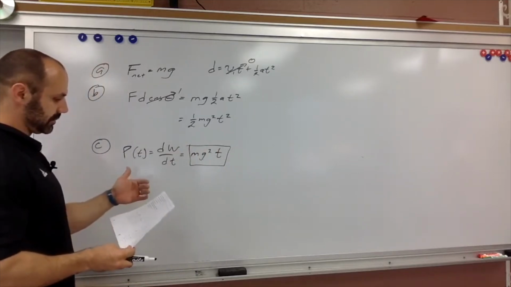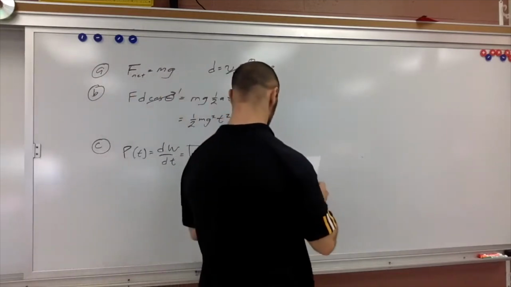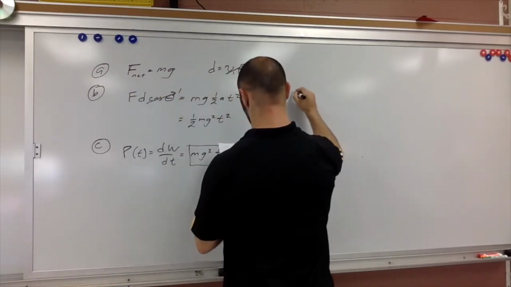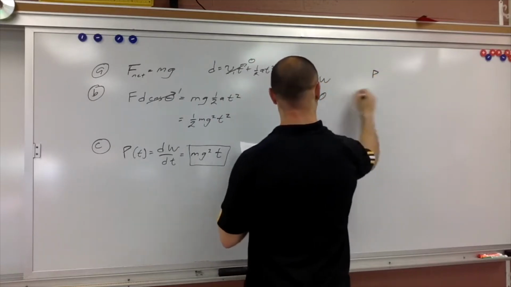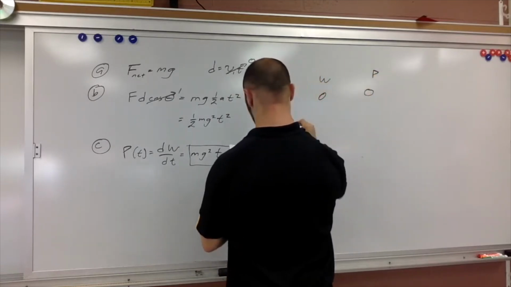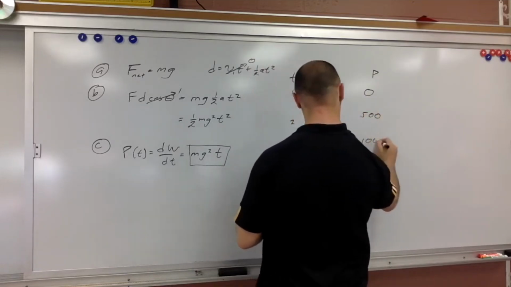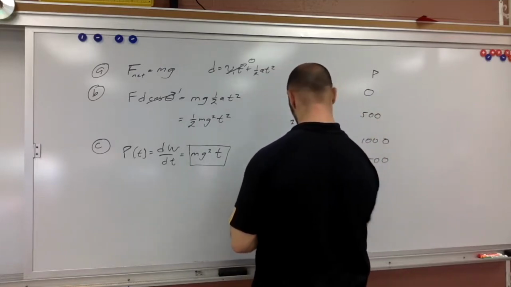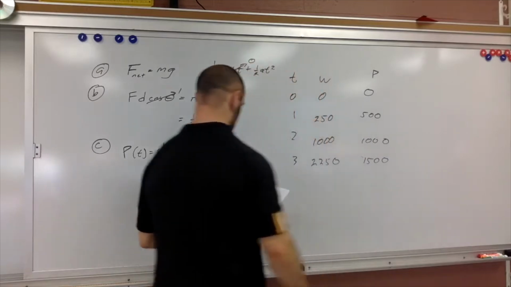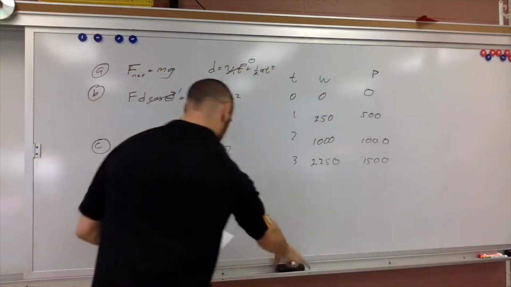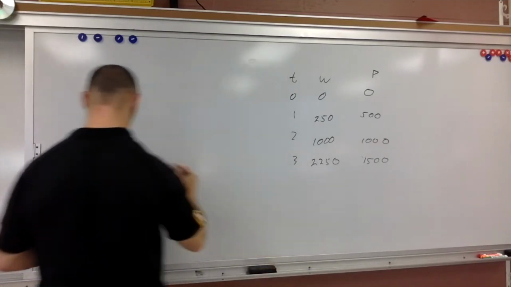So now we're completing the tables for parts D and E. And it's going to look something like this. Time, work, power. When you plug the numbers in, that's how it goes. And then the graphs, what do they look like?